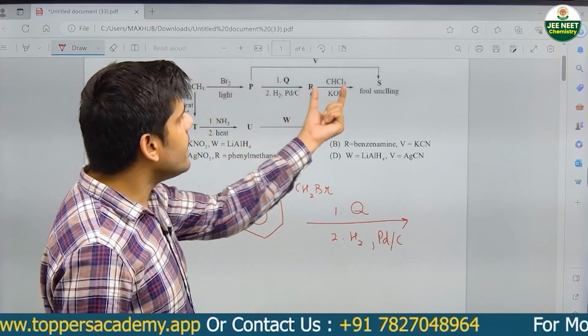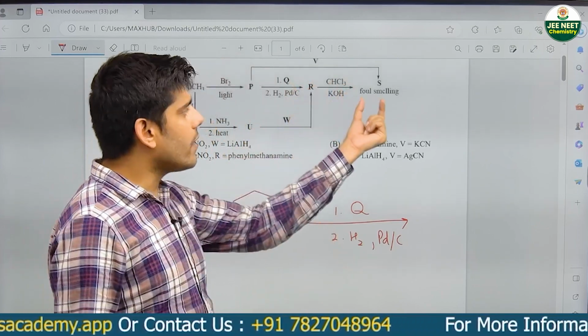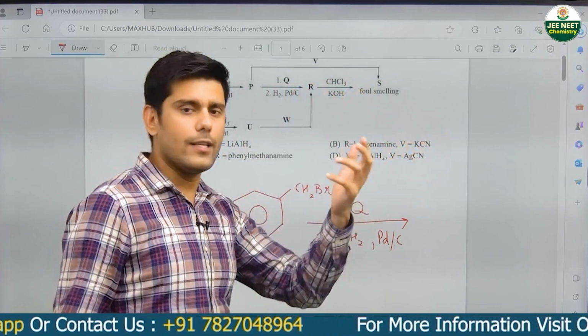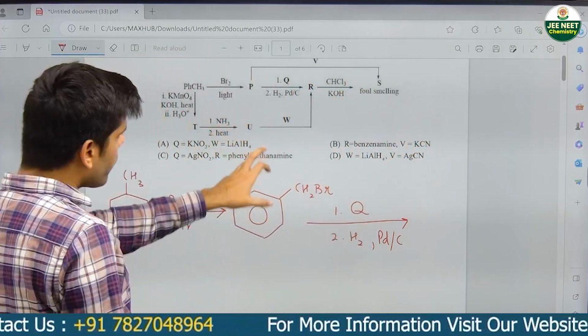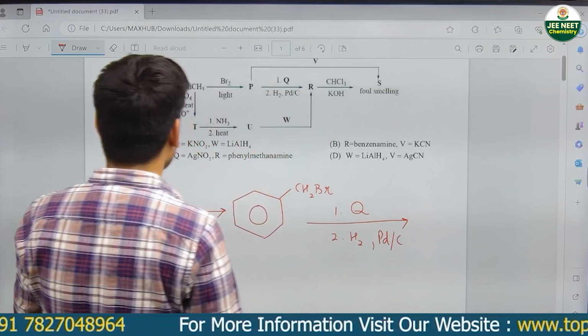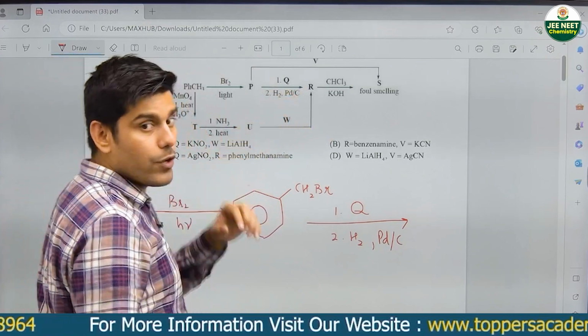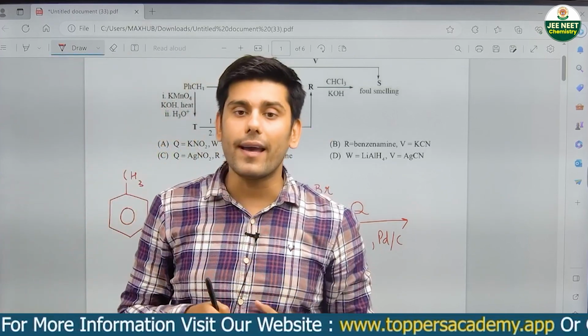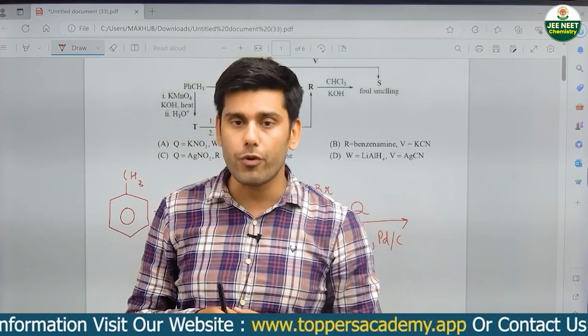So obviously we need an amine over here so that the foul-smelling isocyanide is formed. So if we want an amine over here, and this is reduction, so we know that we get primary amines via the reduction of nitro compounds.